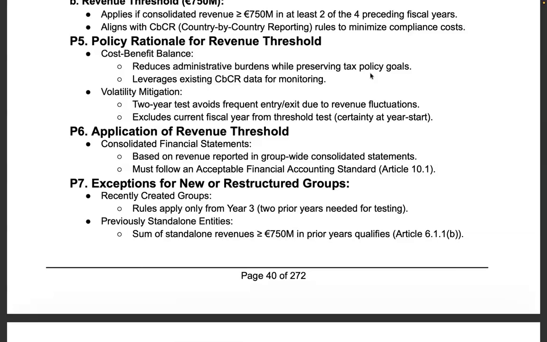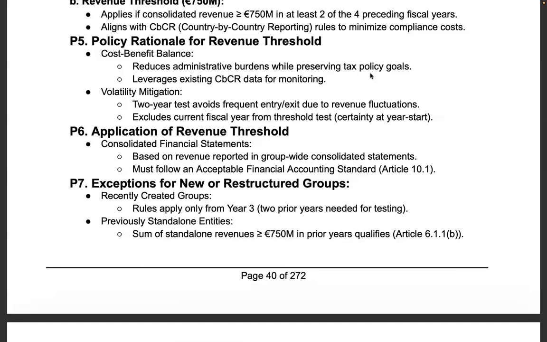So that helps, extending the criteria to 4 years and saying that any of the 2 years during the last 4 years would standardize the inclusion criteria for those entities to which the BEPS Pillar 2 framework applies.